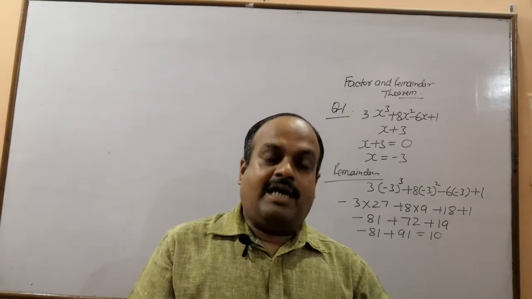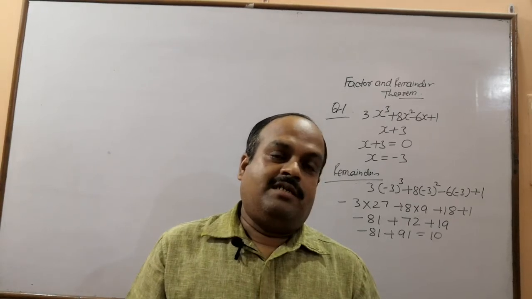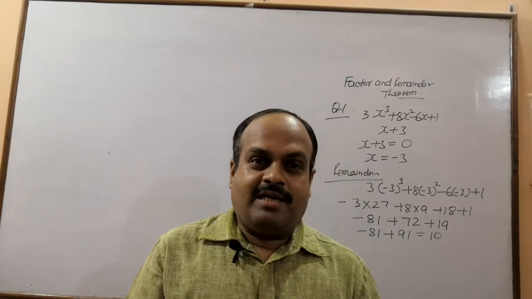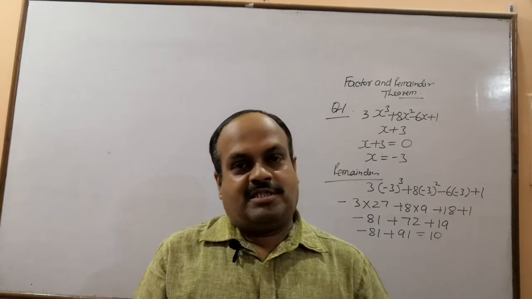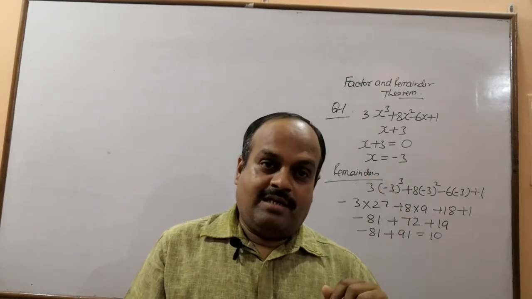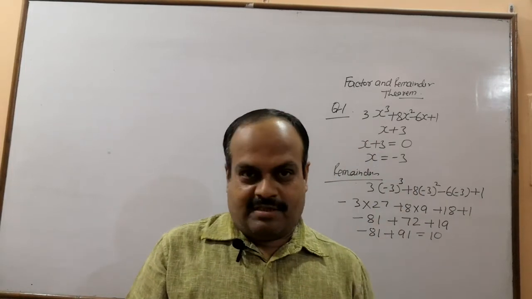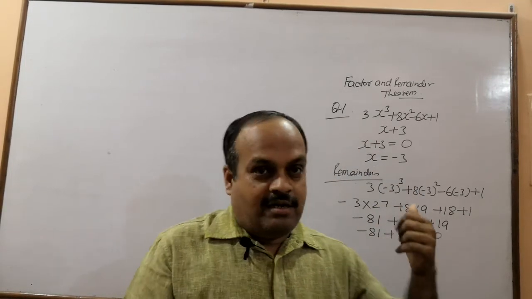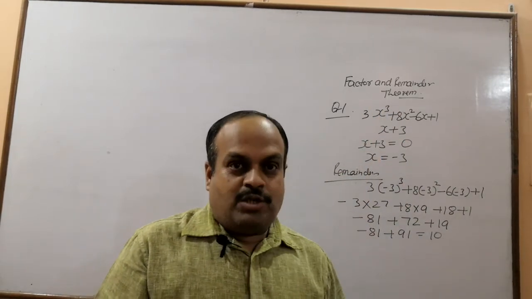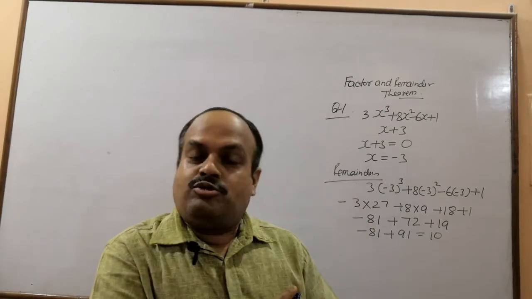If I don't use the remainder theorem, how do we get the remainder? In lower classes you studied getting the remainder from the division of numbers. Here we have to do the division of expressions. So if you don't know how to do division, I am going to teach you.